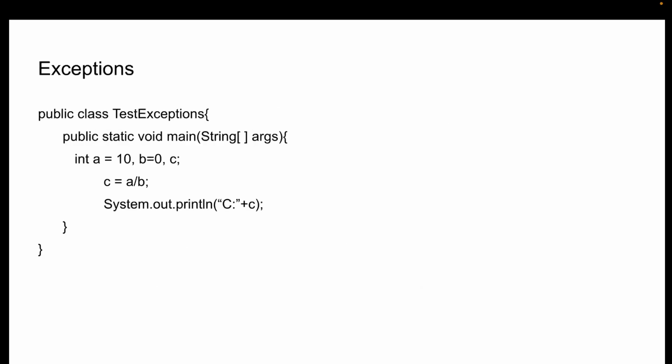See this example. So this is a very simple example. So we have three variables: a is equal to 10, b is equal to 0, and c. So what happens when you do c is equal to a by b? So basically it is 10 upon 0. So when you do 10 upon 0, division by 0 is not possible, right? So what will happen if you do not handle this exception? So you will only get this exception when you run this program.